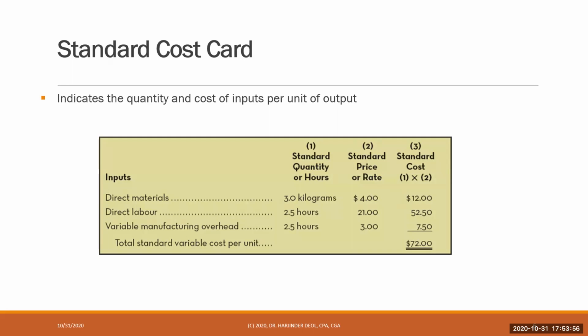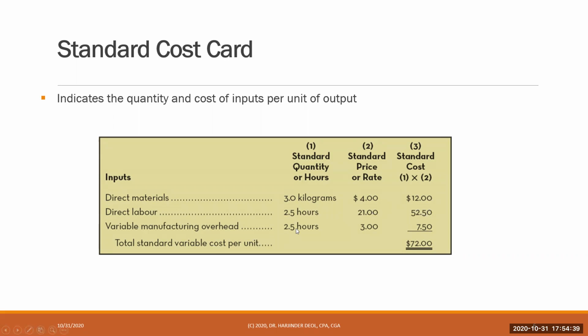So here you can see an example of a standard cost card, which shows the inputs. Direct materials: for example, 3 kilograms of direct materials should be needed at a standard price of $4 per kilogram. 3 kilograms multiplied by 4 gives us $12 of direct materials needed to make 1 unit of output. Likewise, for direct labor, 2.5 hours of direct labor time at $21 per hour works out to $52.50 for each unit of product.